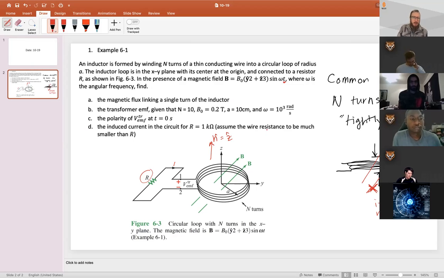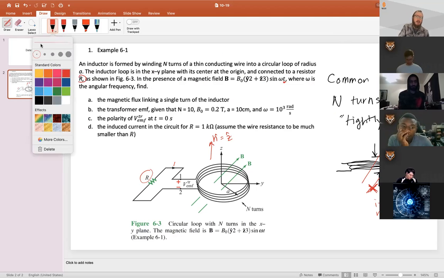And there's one more point that I want to make: we've said that the inductor loop is in the XY plane with the center at the origin and it's connected to the resistor R. One of the other things that we will always assume, unless told otherwise, is that the wire has no internal resistance. Okay?